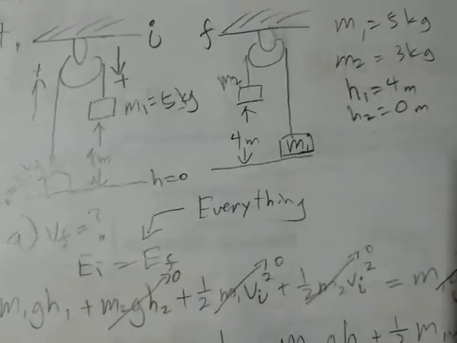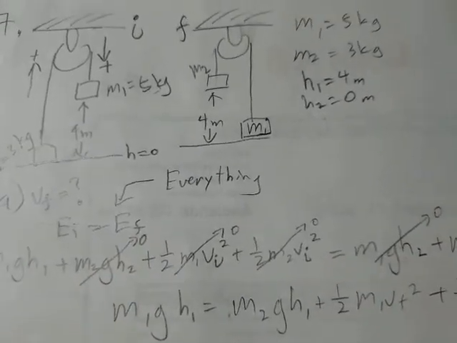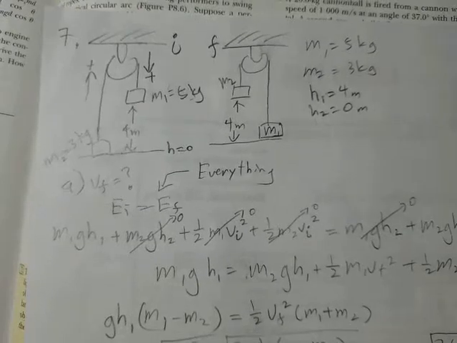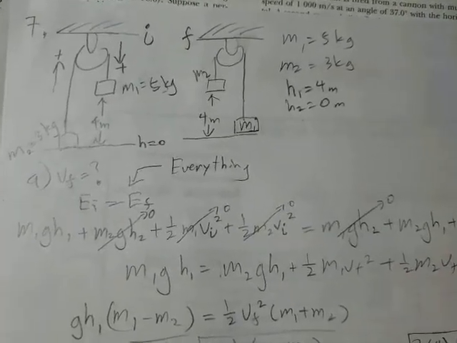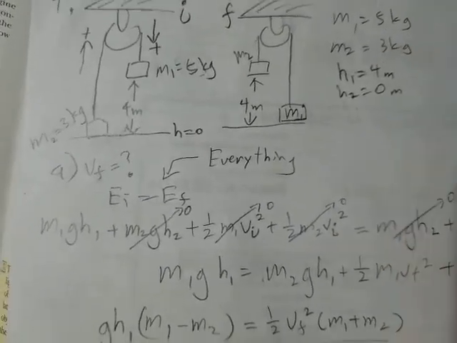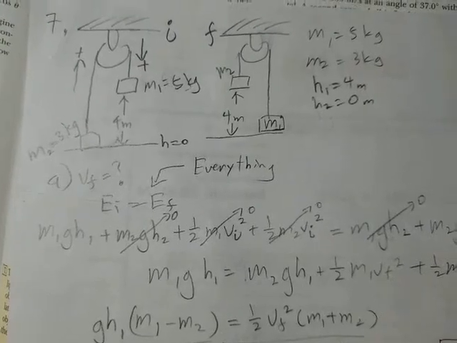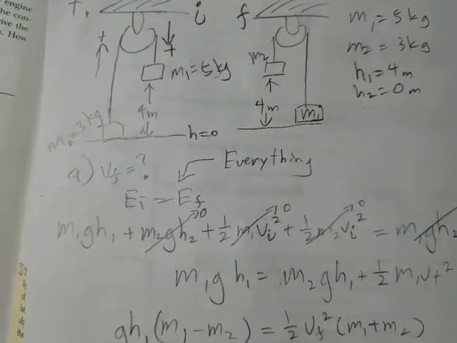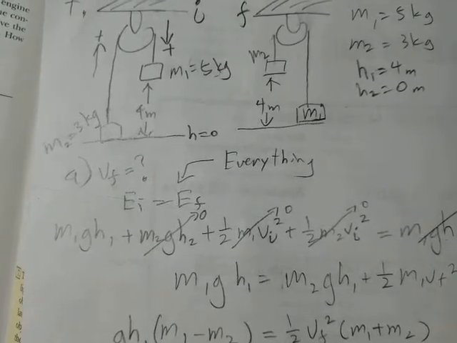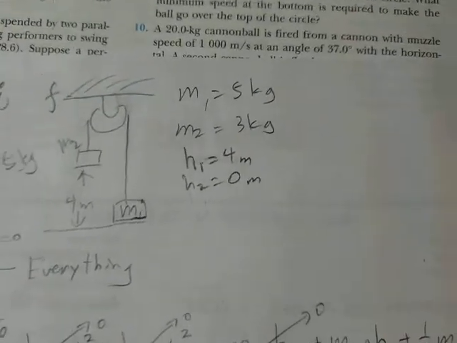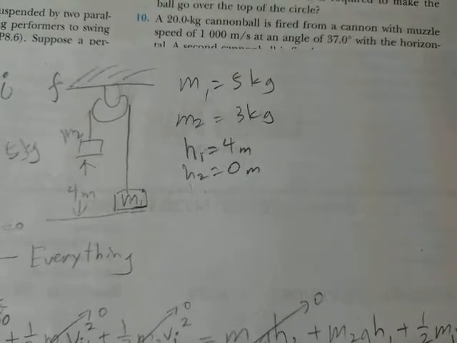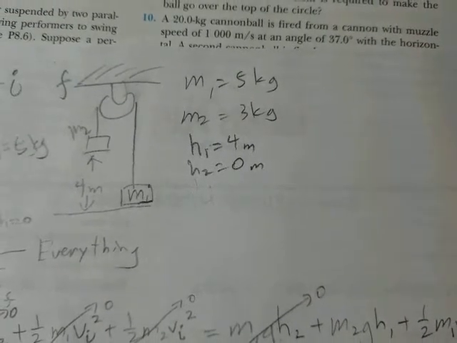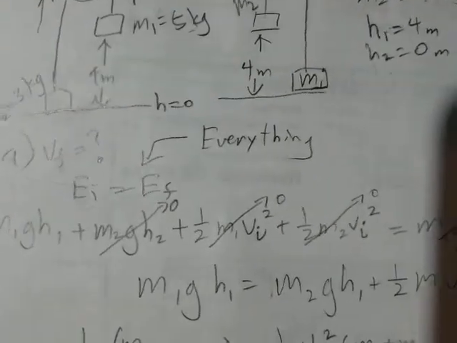So, to do that, you set the initial energy equal to the final energy, and you write all of this out. You write all the components out. So, in the initial energy velocity, you realize that, and I label each one as 4 meters and each two as 0 meters.